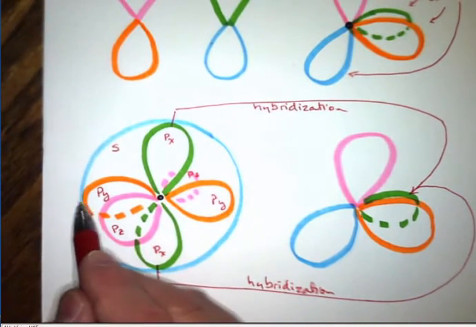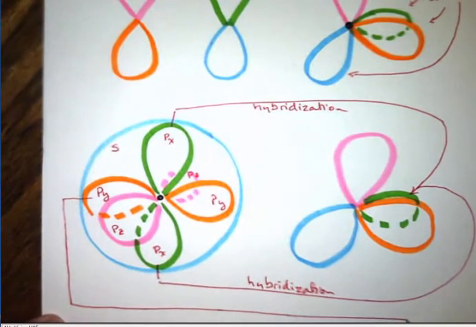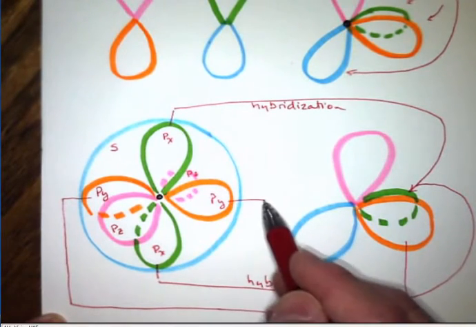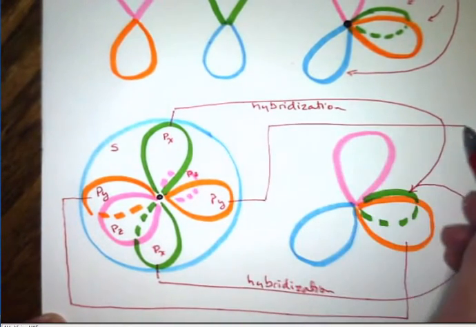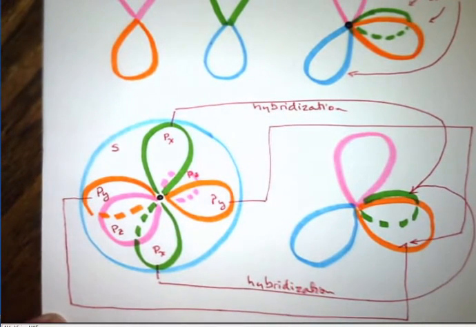This orange one here represents a hybridization process.